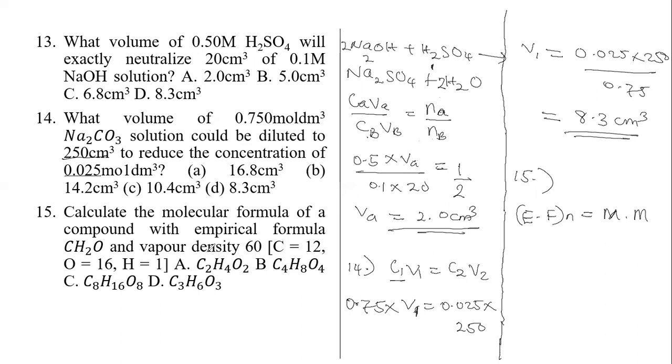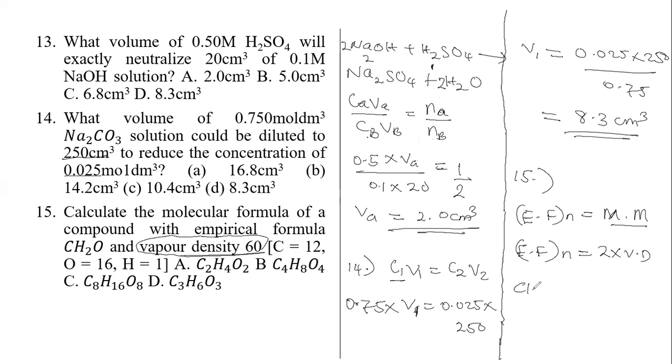Now, the molecular mass is related to vapor density by what? Know that if it is the vapor density that's given to you, molecular mass is equal to 2 times the vapor density.